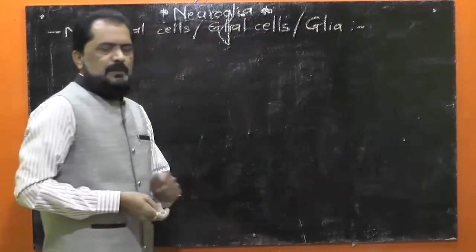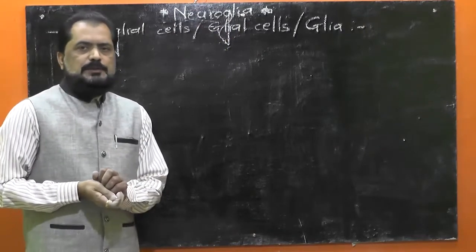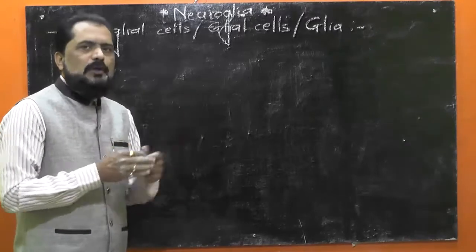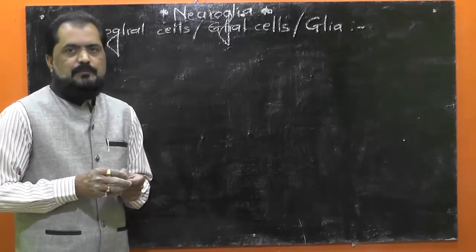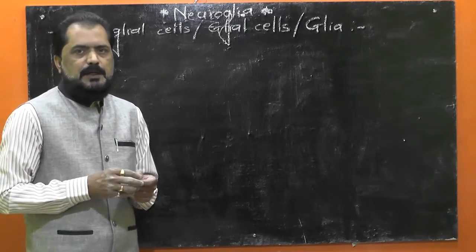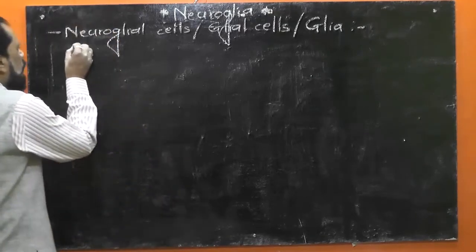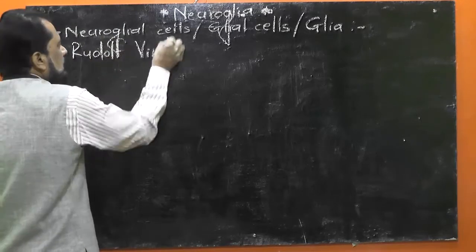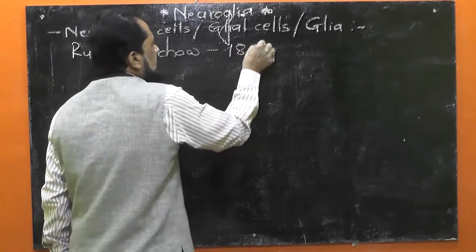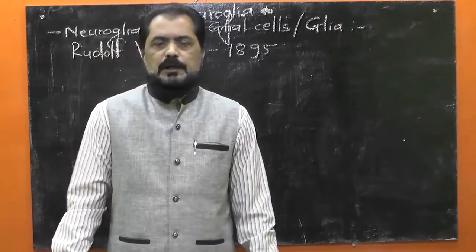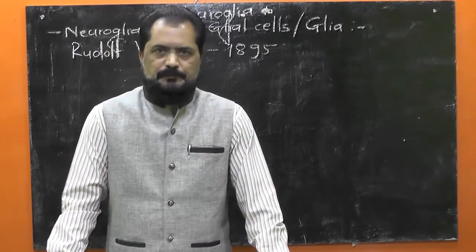Another important component of nervous tissue. The neuroglia or glia, first of all, were discovered by a pathologist, namely Rudolf Virchow, in 1895, in his study of the connective tissue in brain.